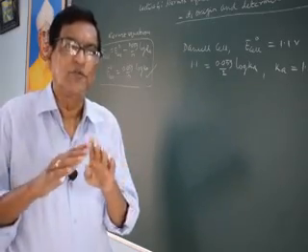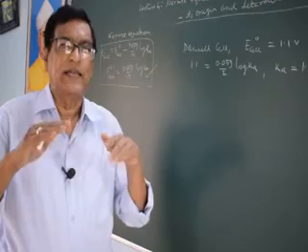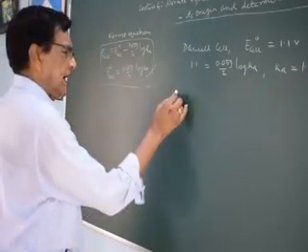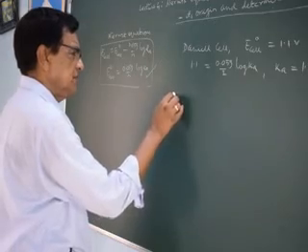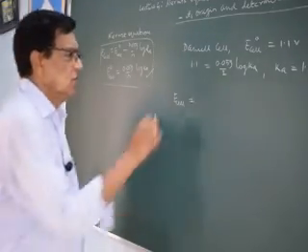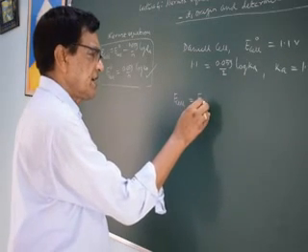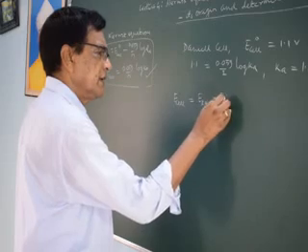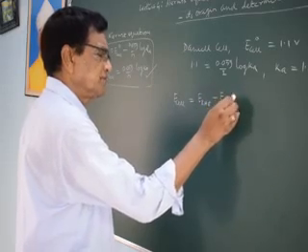Oxidation and reduction, both these reactions occur simultaneously. Suppose E cell is equal to the potential of the cell. We get the right hand side electrode potential minus the left hand side electrode potential.